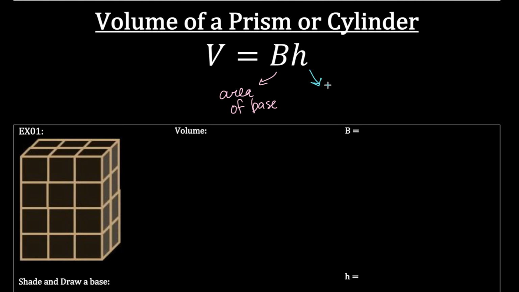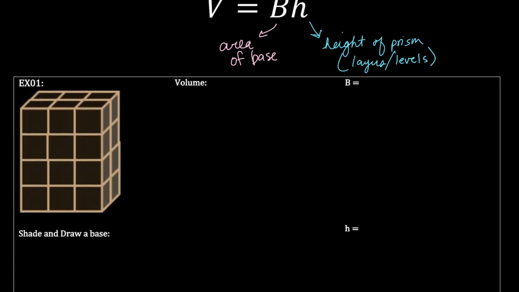H will be the height of the prism. This is how many layers or levels. I should write that little levels. Okay, let's keep that in mind.